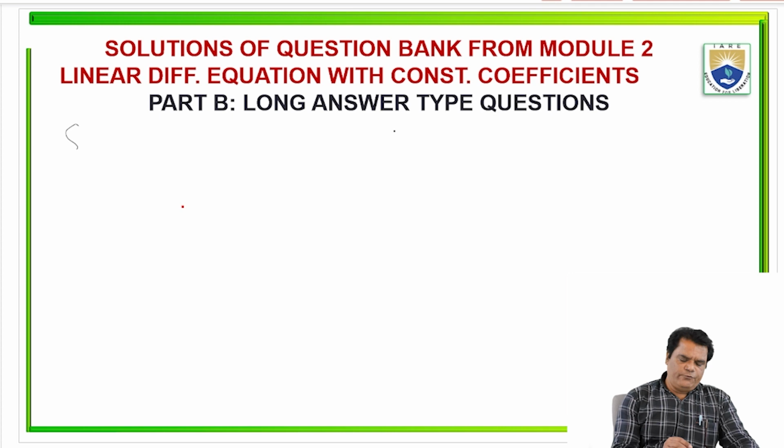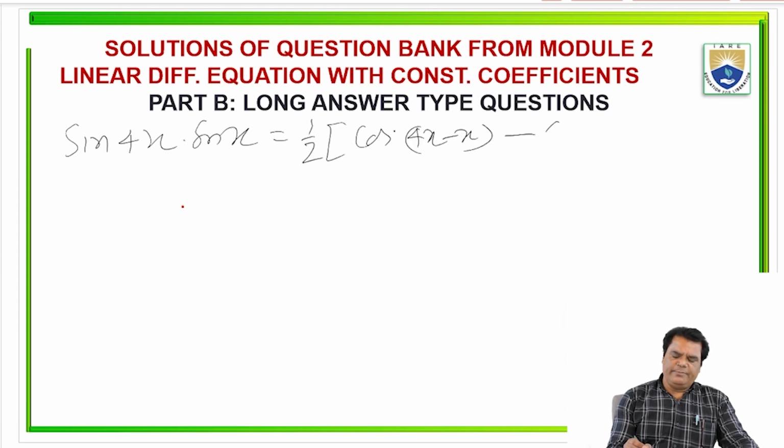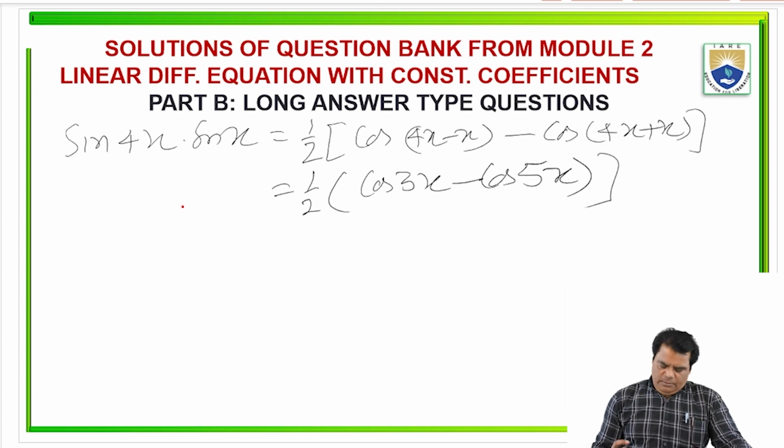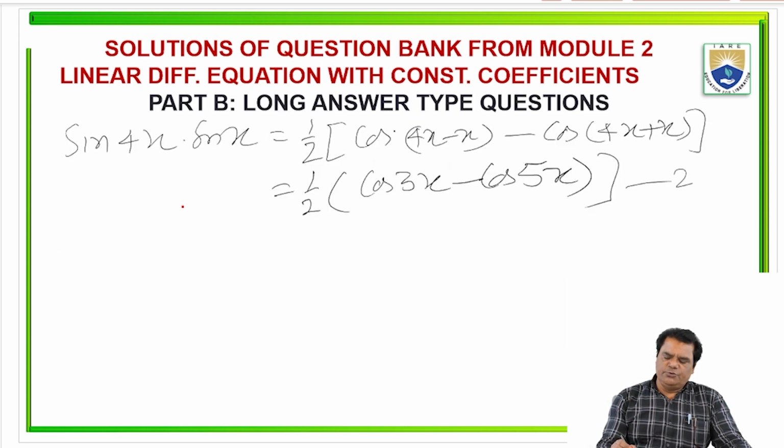Now sin 4x into sin x is equal to 1 upon 2 of cos(4x minus x) minus cos(4x plus x). So we write 1 upon 2 of cos 3x minus cos 5x. Okay, we can write this. So this is equation 1 and this is equation 2.